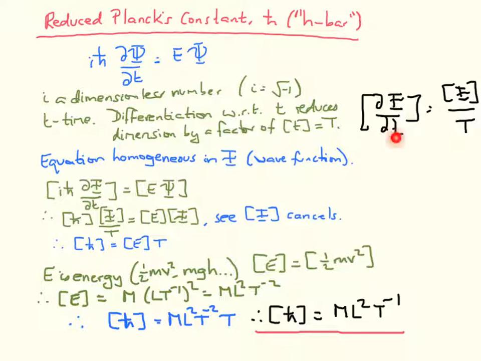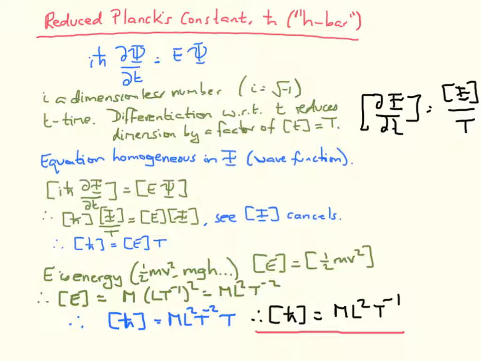And that is something which follows from thinking about the basic definition of what a derivative is. This derivative, you can obtain it as a limit of a difference of the wave function, which is going to have dimension of the wave function, divided by a difference of, in this case, times, which is going to have dimension of time. So that's very important.